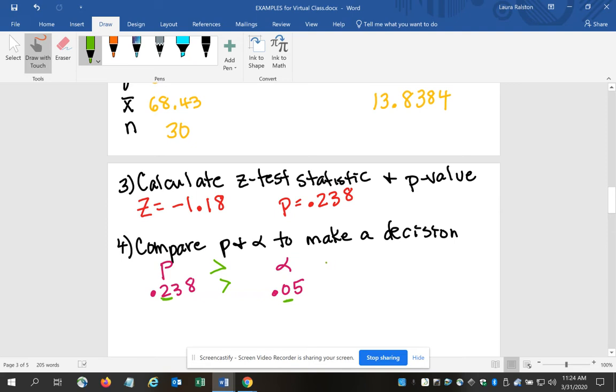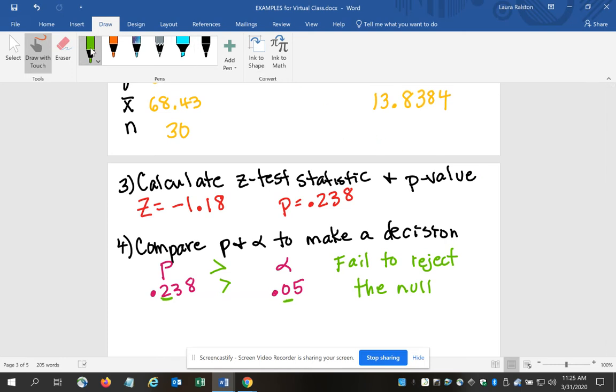If P is greater than alpha, we fail to reject the null. Okay, that's the rule. If P is greater than alpha, fail to reject. If P is less than alpha, reject.